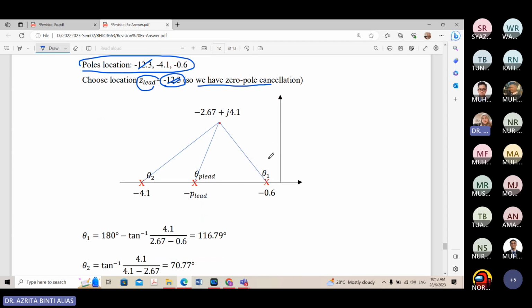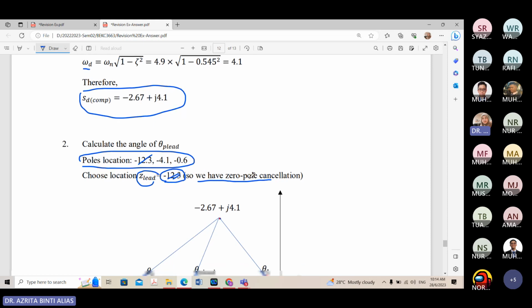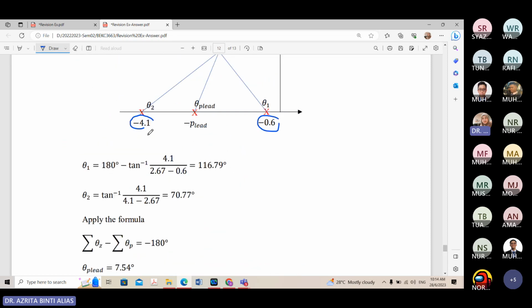So for the next step, we just consider the pole at minus 0.6 and the pole at minus 4.1, and then we have a P lead, and we draw the ST compensated location. ST compensated.